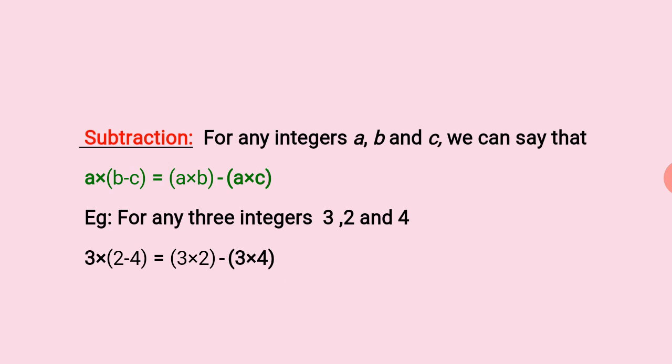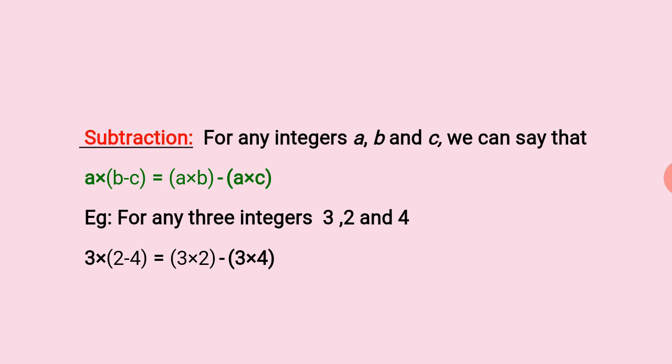We are talking now about subtraction. So exactly in between you will have that minus sign, and then a will be multiplied by the first number, that is b, and then a will be multiplied by the second number, that is c. This is how you get the mathematical statement.